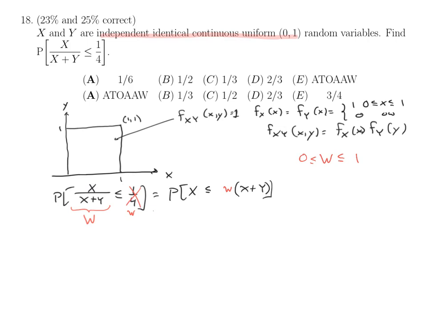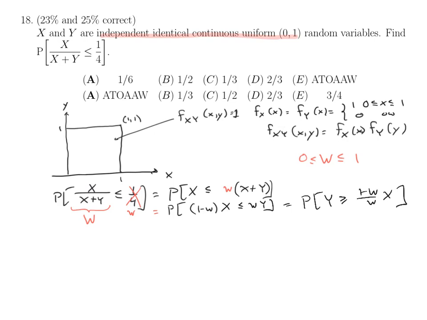And so now we can keep moving here and say, oh, this is the probability (1 minus w) times x is less than or equal to wy. And so this is the probability that y is greater than or equal to (1 minus w) over w times x.